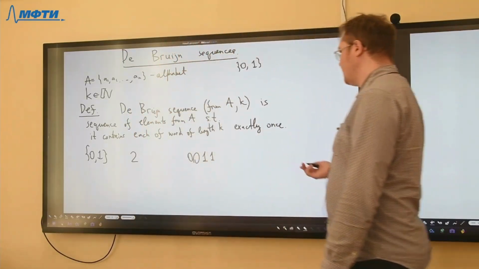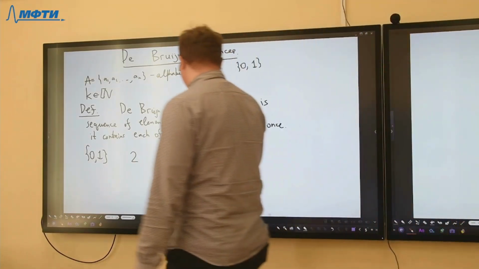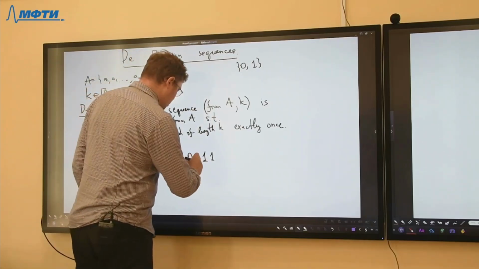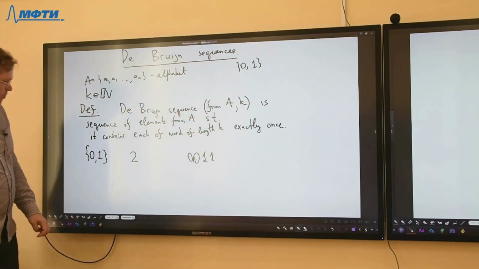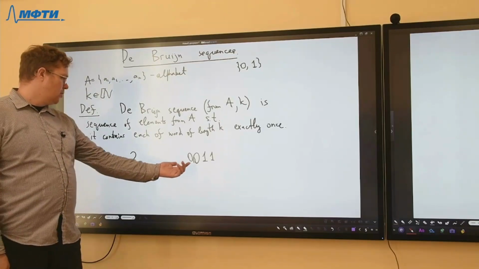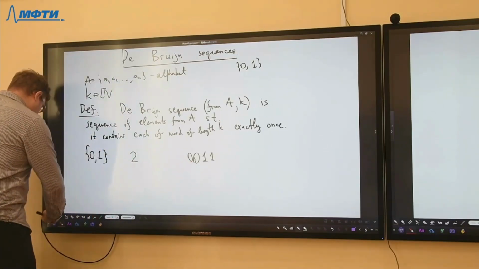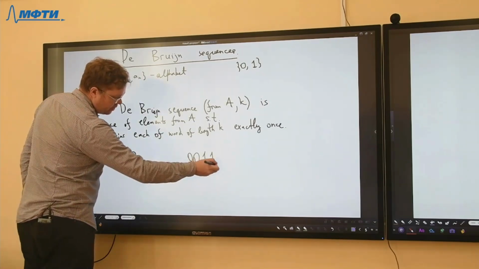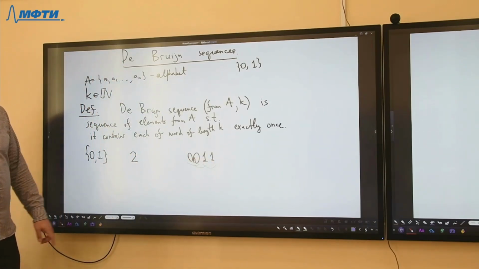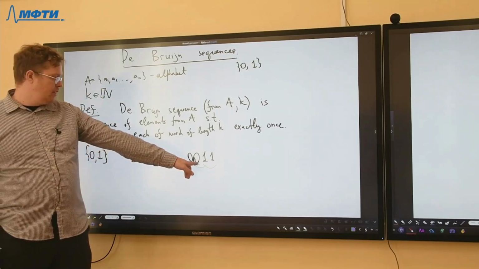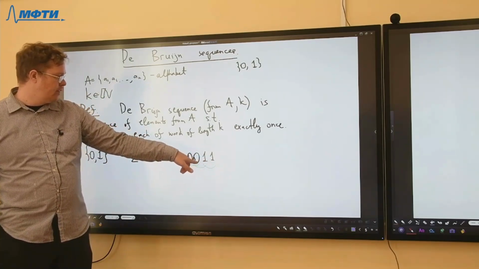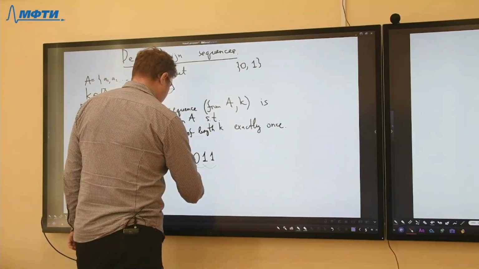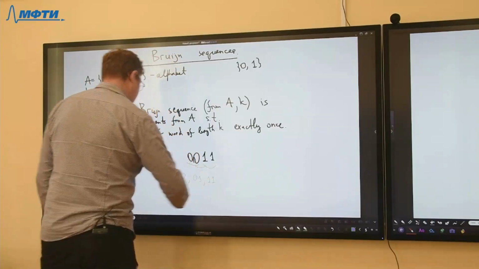By contains, I mean that we have a subword, so I take only elements that go together. In each subsequence of length 2, I will have all different words of length 2. So here will be 00, 01, and 11.